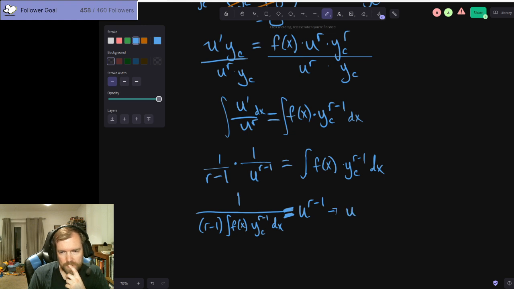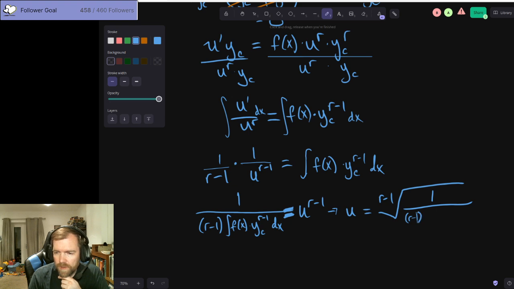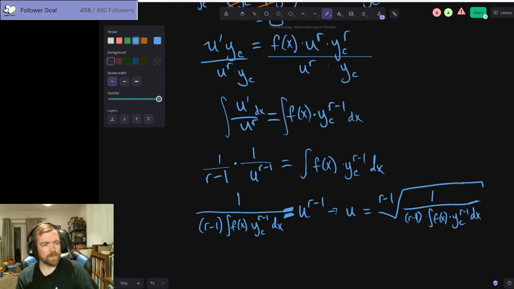And then u is going to be equal to the r minus 1th root of that stuff. Might still be doable.